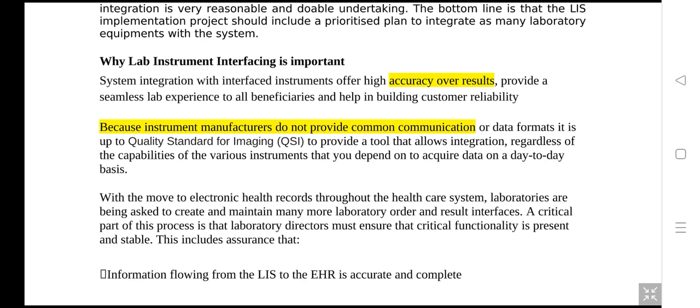Because instrument manufacturers do not provide common communication, think of the laptop and the internet: you have to provide a modem from Safaricom, Airtel, or Telecom to get that connection. Now, take your smartphone.